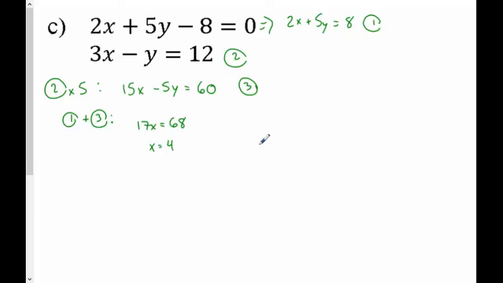Now I'm going to sub x equals 4 into one of my equations. I'm going to sub it in to equation 2, because equation 2 doesn't have really a coefficient for y. For the same reason as last time, I'm choosing the easier equation. So I have 3 times 4 minus y equals 12.